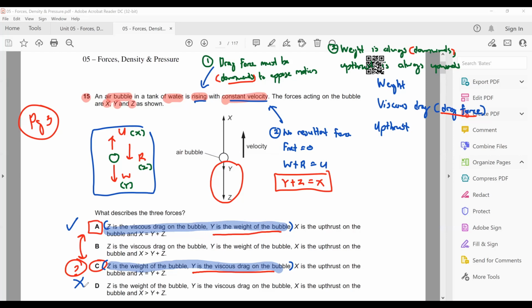Okay, so notice that the arrows are drawn with different lengths.